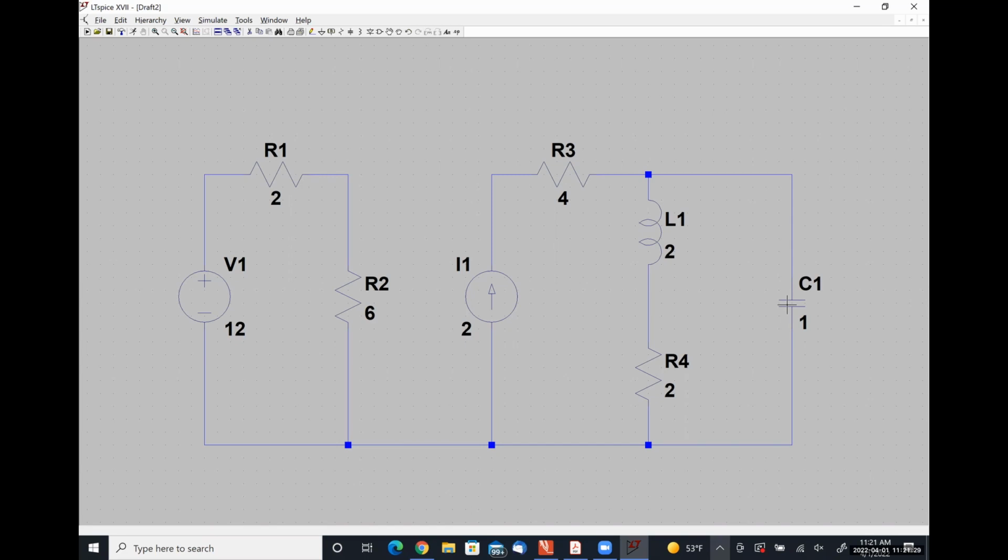Because we're using LT Spice, we have to use a ground terminal, right? I always, always, always choose my ground node to be the negative polarity terminal of my capacitor, which in this case is simply the bottom node.